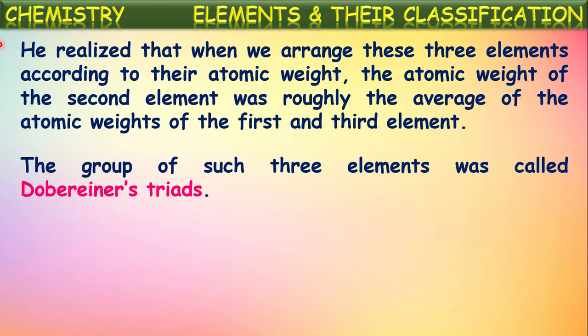We say the arithmetic mean of the first and third elements' atomic weights is equal to the atomic weight of the second or middle element. The group of such three elements was called Dobereiner's triad.